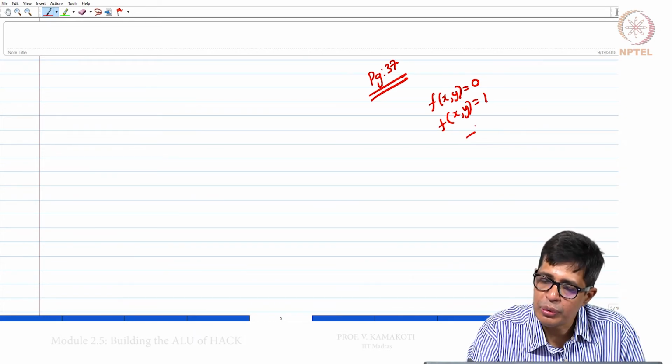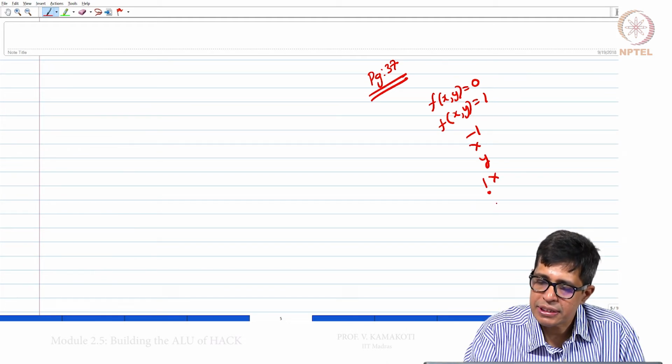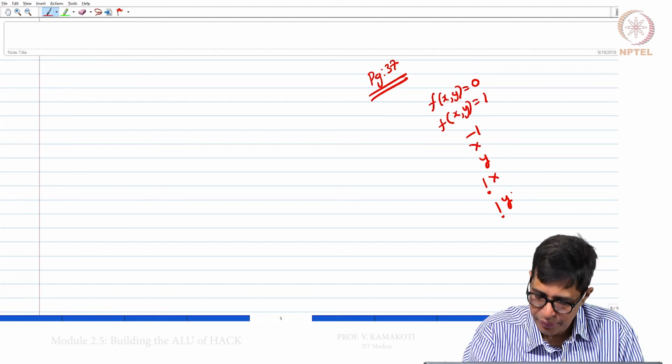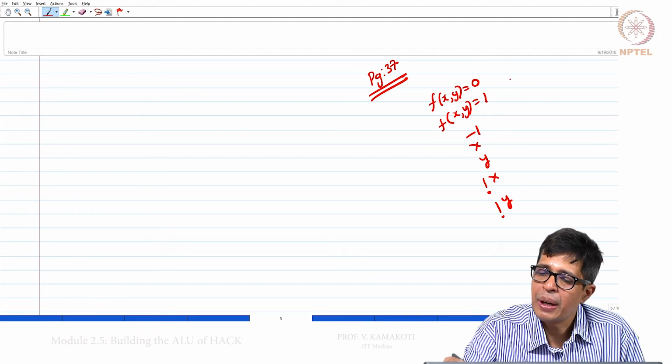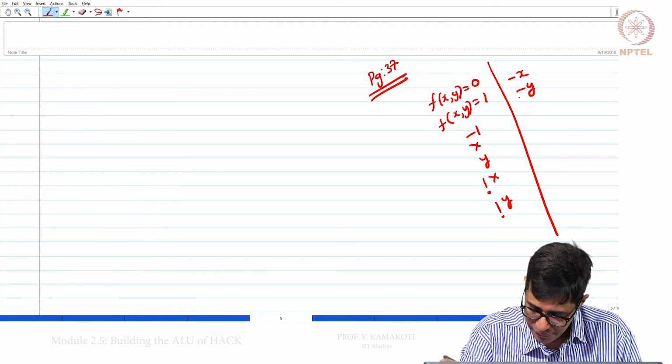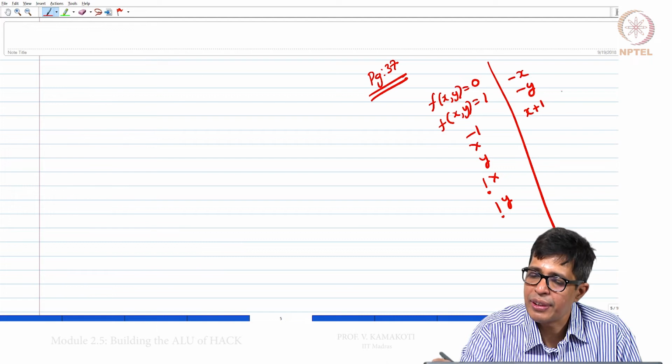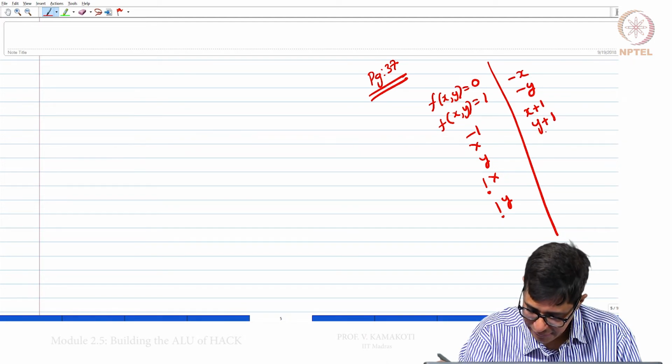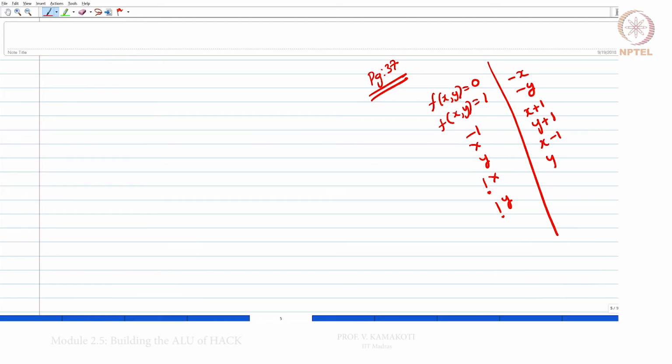Then I want you to generate minus 1, x, y, not x, not y, minus x, minus y, x plus 1, which we have done. Similarly, y plus 1, x minus 1, y minus 1, normal x plus y, x minus y, y minus x, x bitwise and y, x bitwise or y.